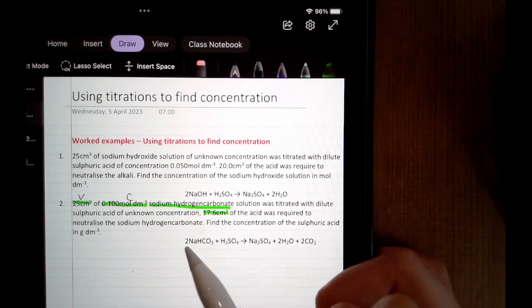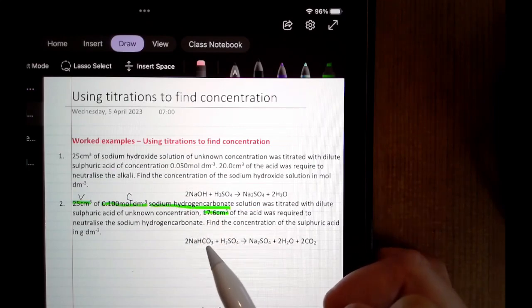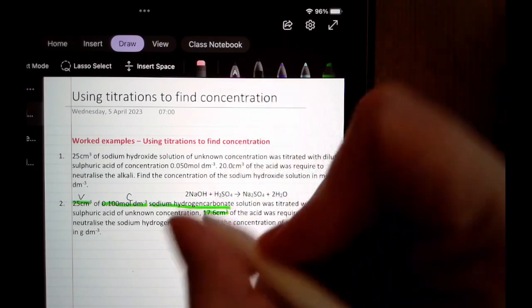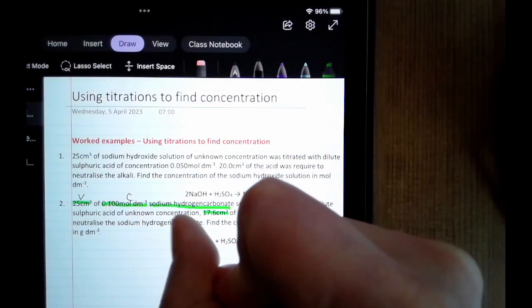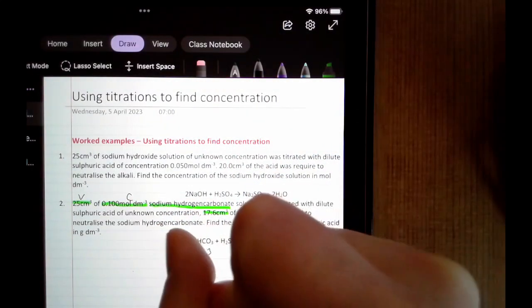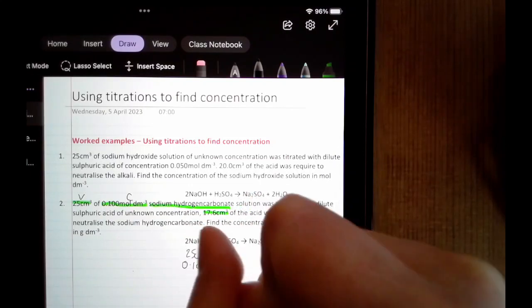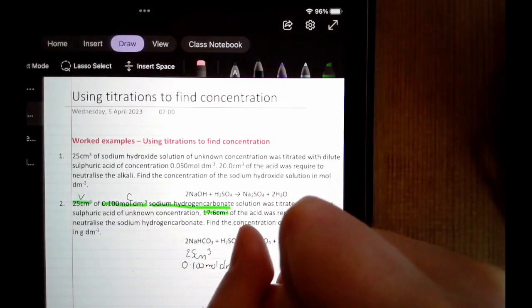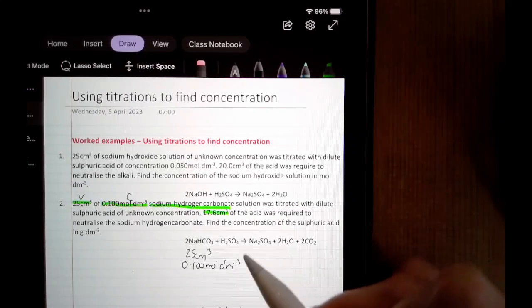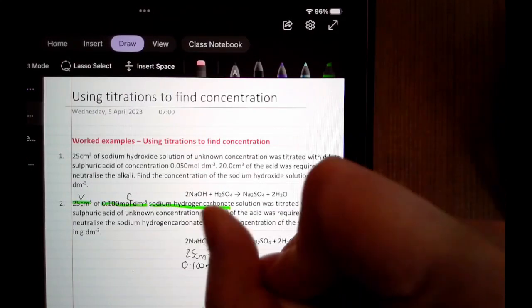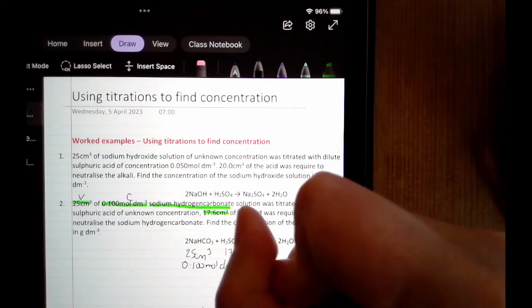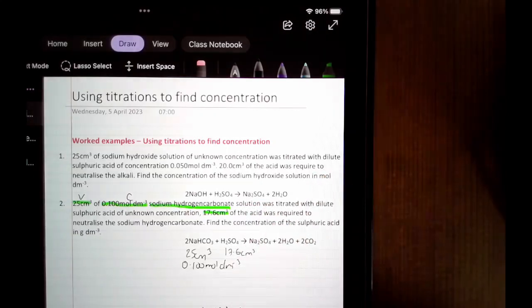So sodium hydrogen carbonate is here, NaHCO3. The volume, as we said, was 25 centimetres cubed. The concentration is 0.1 moles per decimetres cubed. And then for H2SO4, the only information I have is that the volume is 17.6 centimetres cubed.